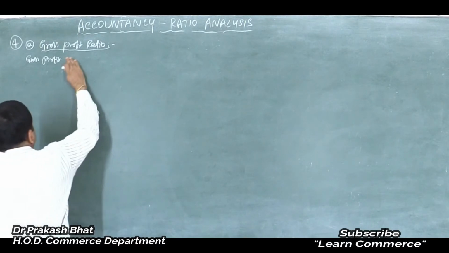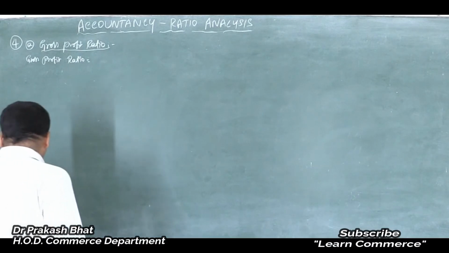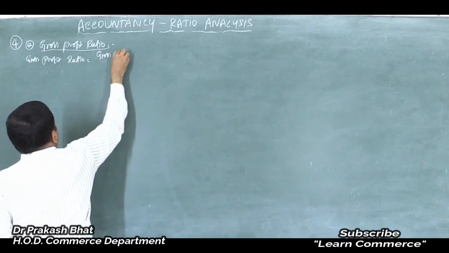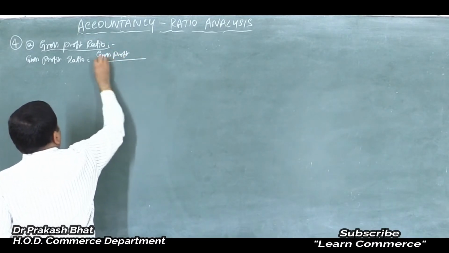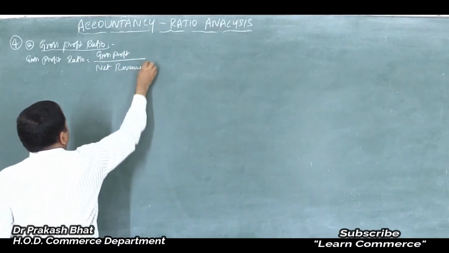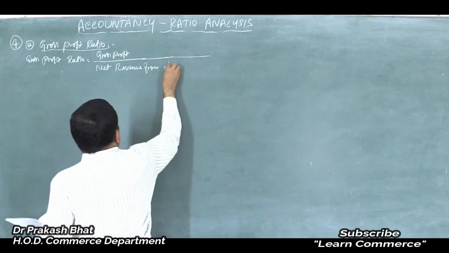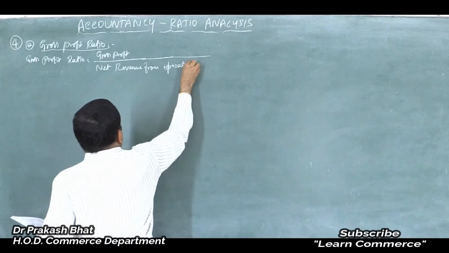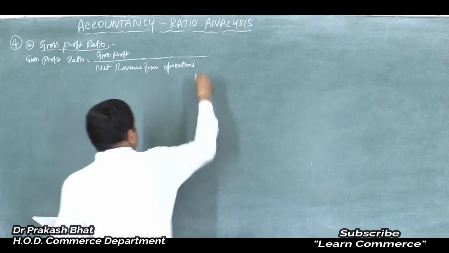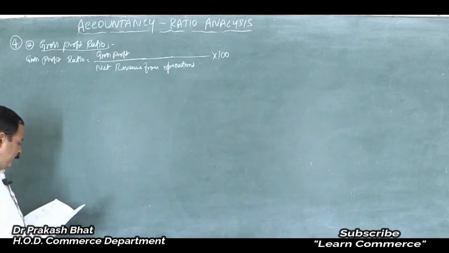Gross profit ratio is equal to gross profit divided by net revenue from operations into 100. So this is how you have to apply the formula.